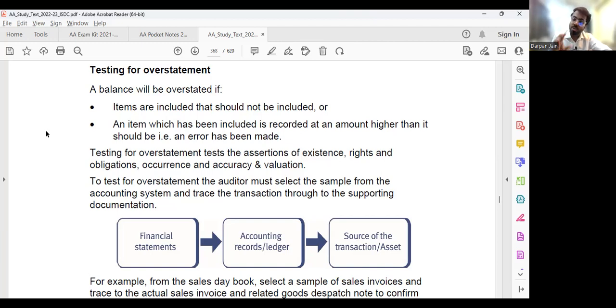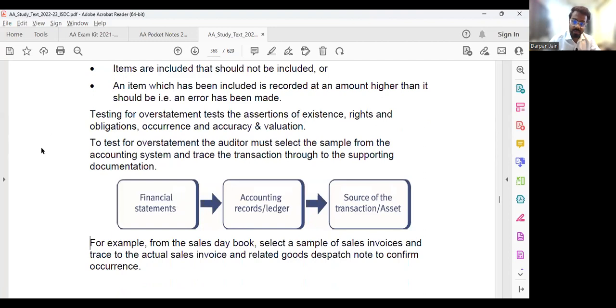And then you took a sample of the assets from the register and traced it back to the physical assets, to the external source. So when you're doing this direction, you're testing for existence or overstatement. Right?